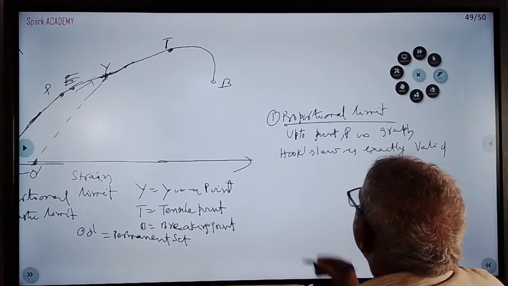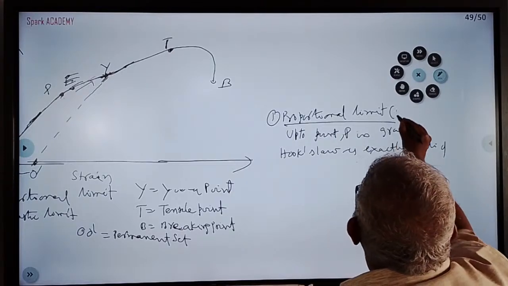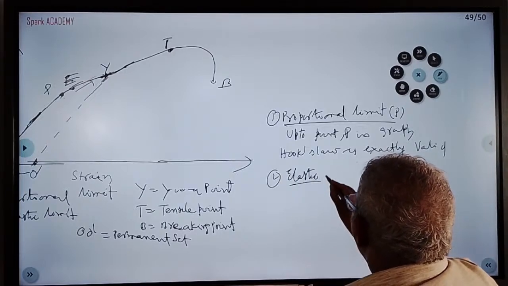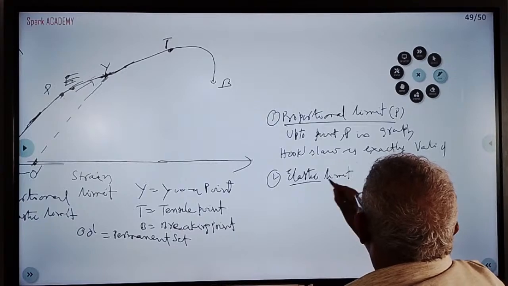Okay, students, this is the proportional limit P. Next, the elastic limit.